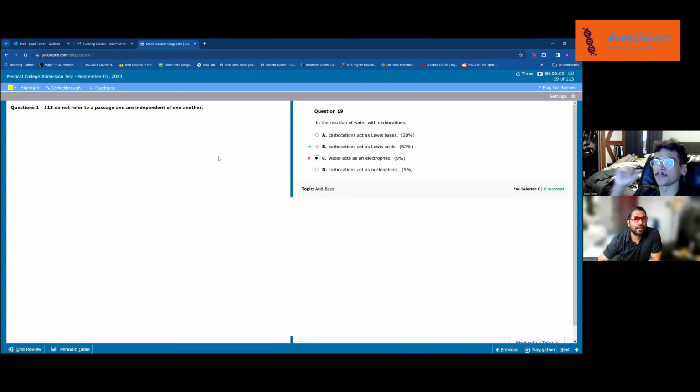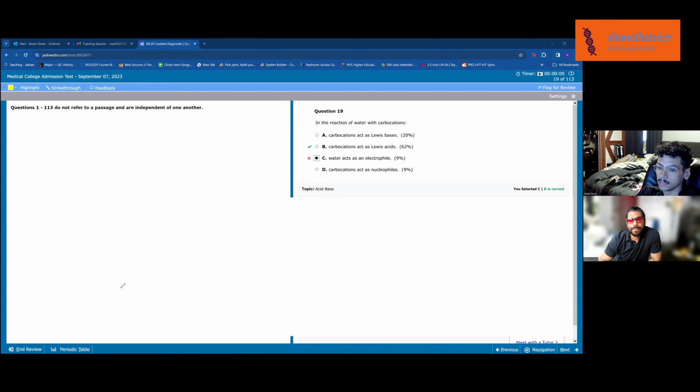Is it a carboxylic acid with one too many H's? You're on the right track. So we know it contains carbon. We know that it's a cation. So what charge do you think a carbocation would have? Positive. Good.